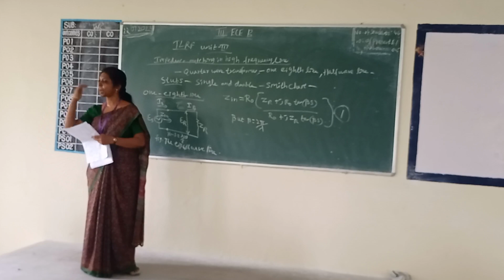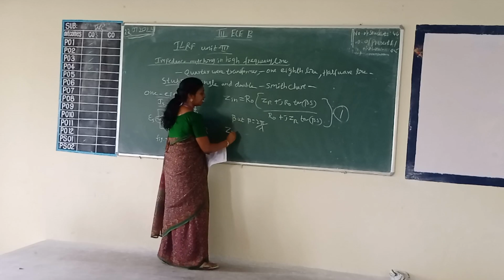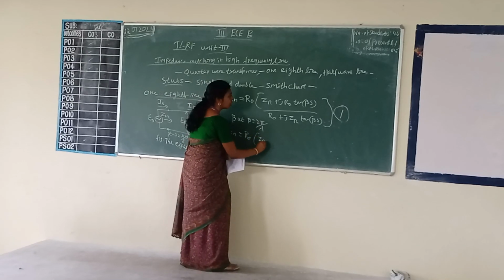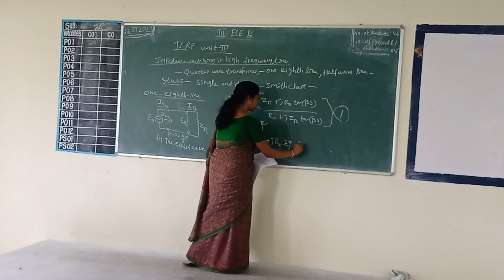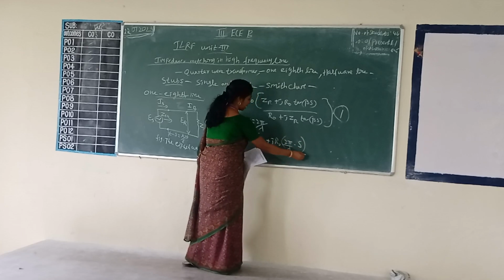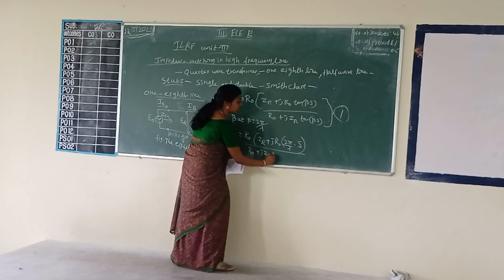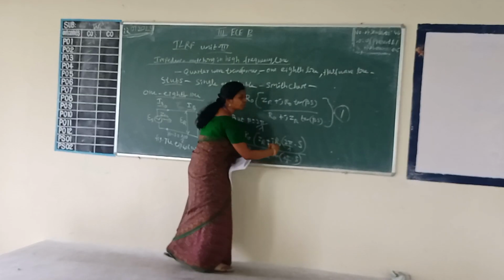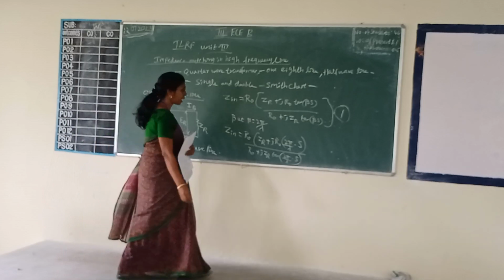Zin equals R naught Zr plus j R naught tan 2 pi by lambda into S by R naught plus j Zr tan 2 pi by lambda into S. First we will write S itself, and then in the next step we will write the value of lambda.